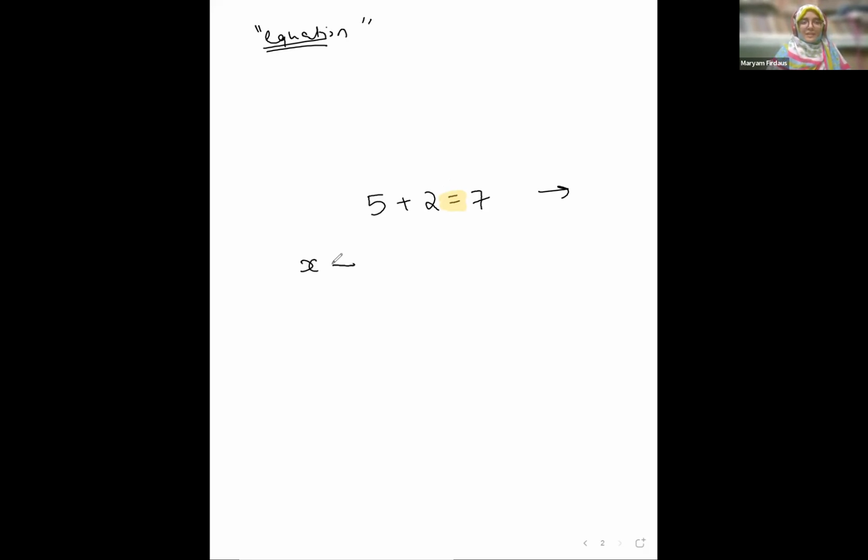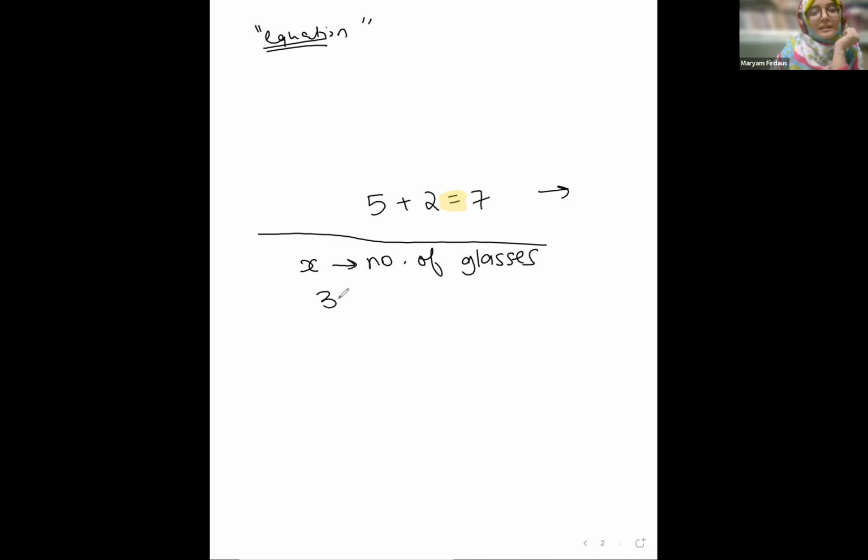If X is the number of milkshakes it produces, number of glasses, then 3 times X will be the number of sugar packets that they need.